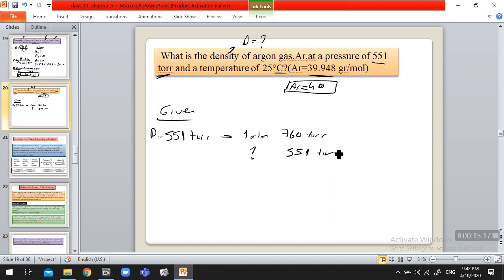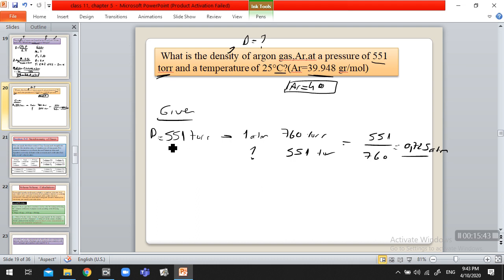If you want to find the pressure, you divide 551 by 760. So the new pressure in atm is 0.725.